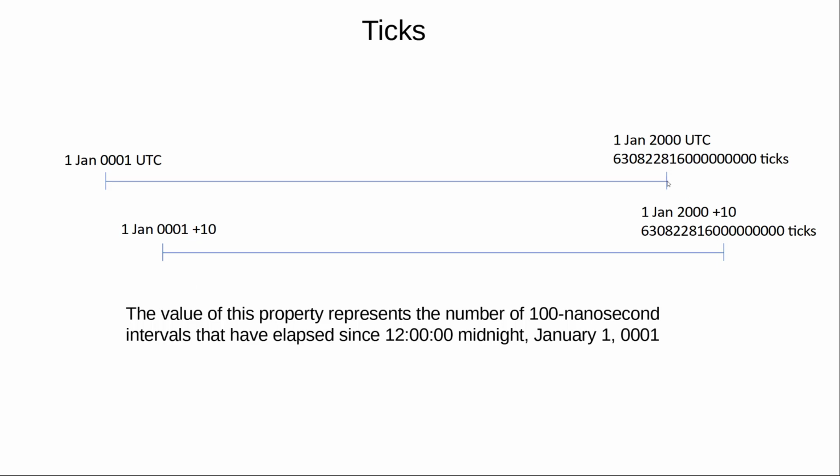And that in +10 is different to that in the UTC time zone. And that's why the ticks are different depending on which time zone you're in, because the starting point and ending point is different, but the actual duration, the number of those 100 nanoseconds, is the same.